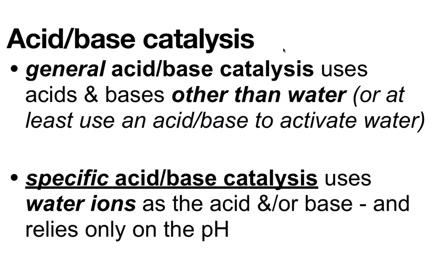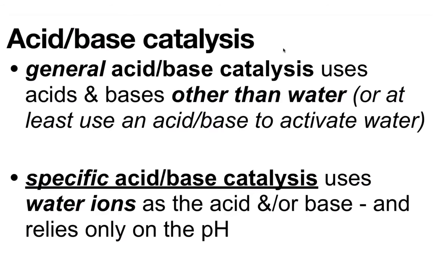So in the case of specific acid or base catalysis, what we're saying is that it's only those hydroxyl ions and those hydronium ions, those protons that are just naturally in the solution because of the pH, that are going to be participating. Whereas with general acid-base catalysis, which is what we'll typically see with enzymes, we have another source. We have typically an amino acid residue in the active site that's going to be giving and taking protons.